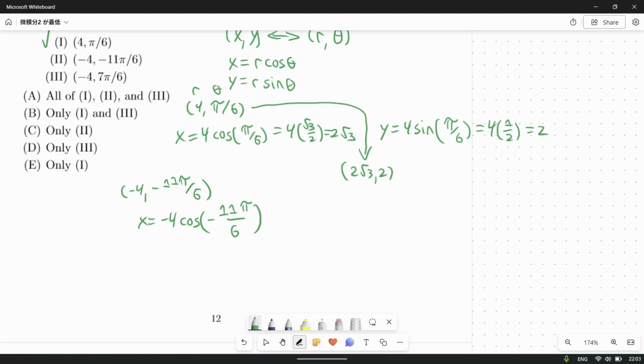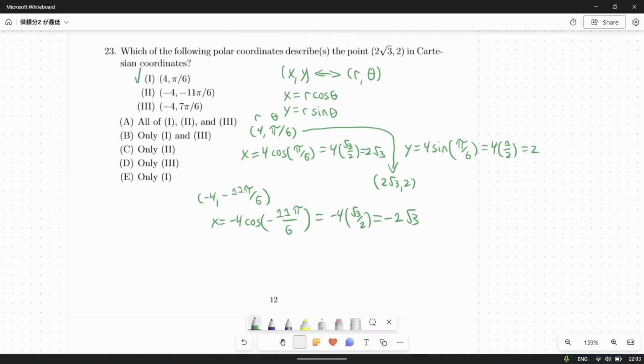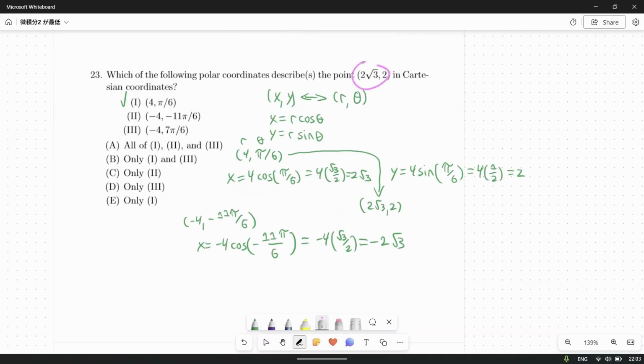And so -11 pi over 6 is the same thing as positive pi over 6. So this is going to equal -4 times root 3 over 2, which equals -2 root 3. And so we know right away that x is not equal to this point here, so we don't even have to compute y. So the second point is not going to describe the point that we want in Cartesian. So 2 is out of the question here.